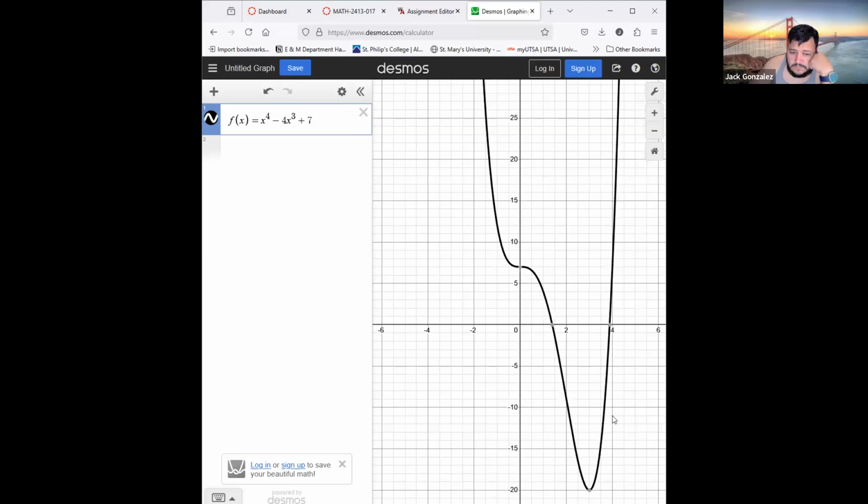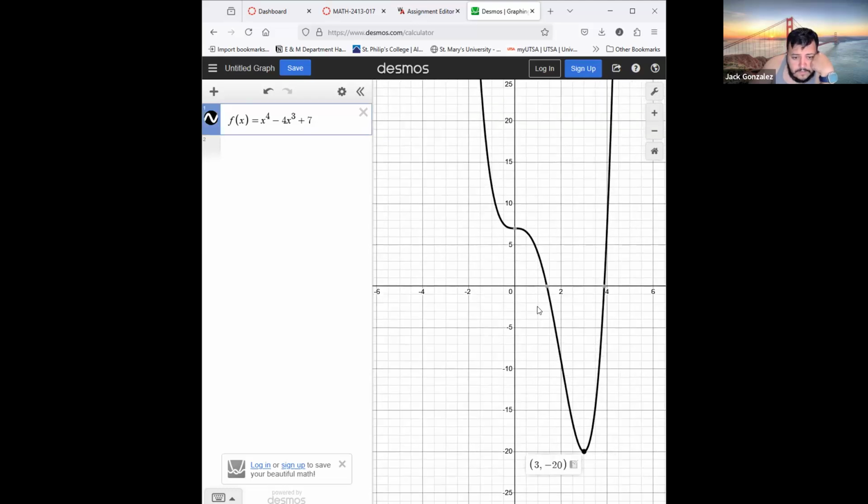It's hard to tell with the visual, but anyway, we knew we had a minimum and we knew we had an inflection point. So using the second derivative test, we were able to test the critical number. So that's all you got to do.